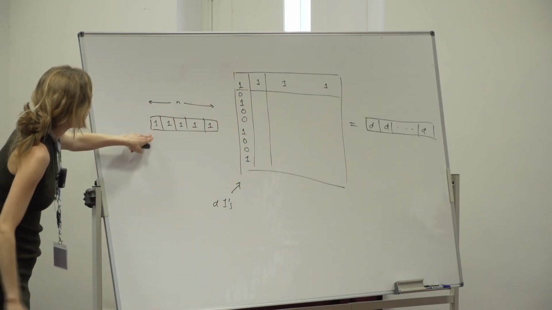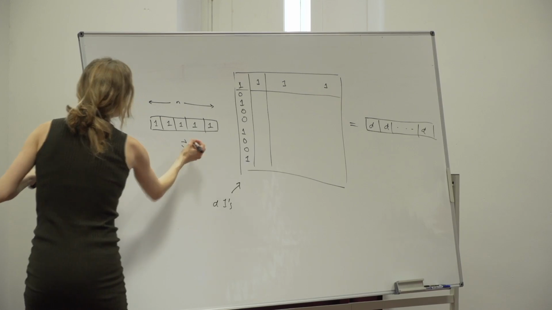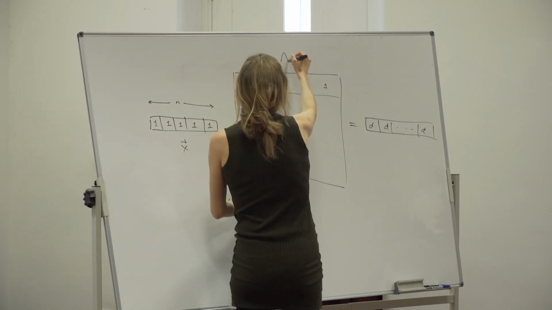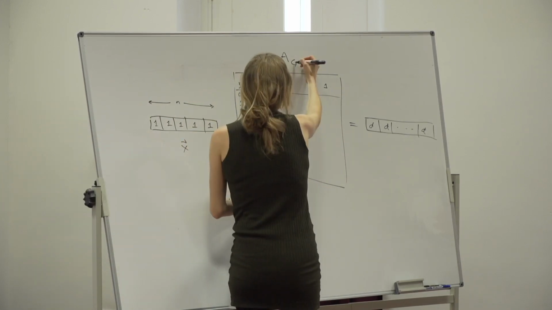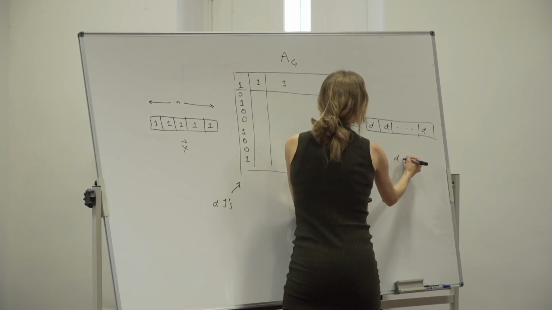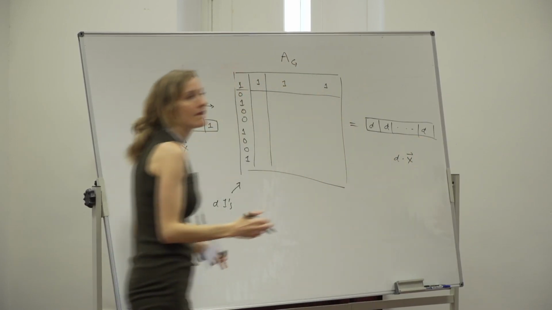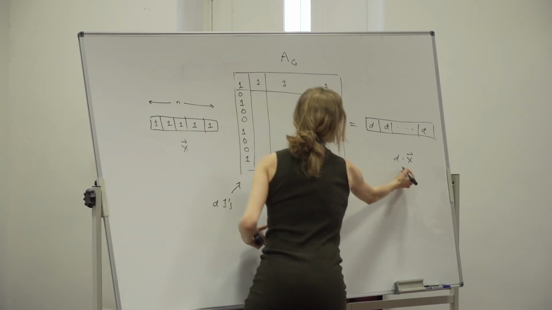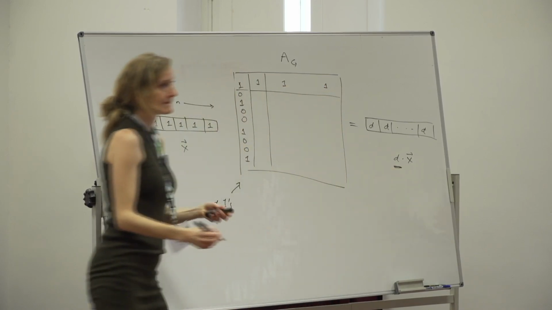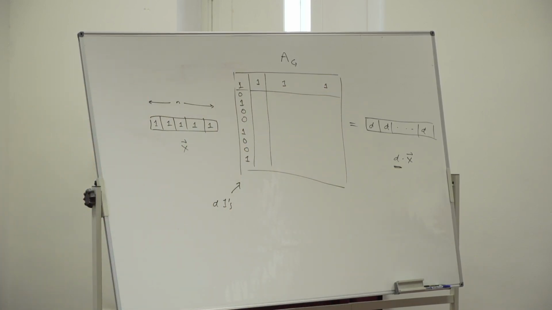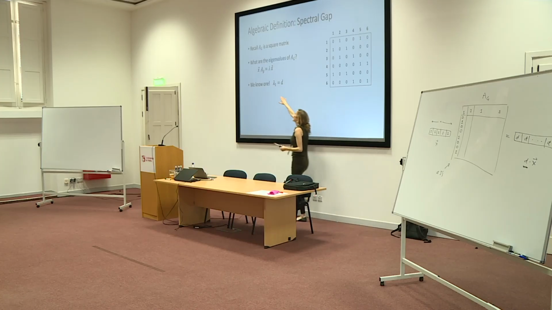Well, this looks interesting. This is the vector x times the adjacency matrix A_G, and this is equal to d times the vector x. What does that mean? Bam! That means that one of the eigenvalues of this matrix is d.